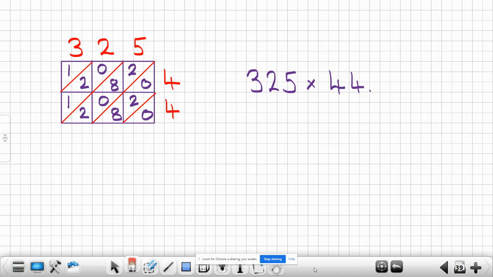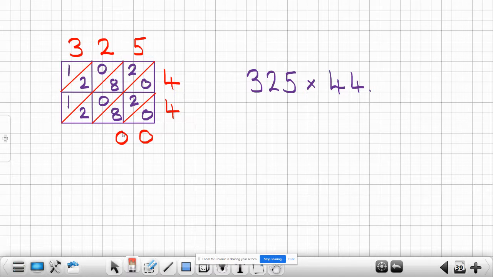We're now going to add up each of the diagonals. So let's look here. Underneath that diagonal, we have a 0. Here's our next diagonal. And in between these two diagonals, we have a 0, a 2, and an 8. So the 8 and 2 is 10.